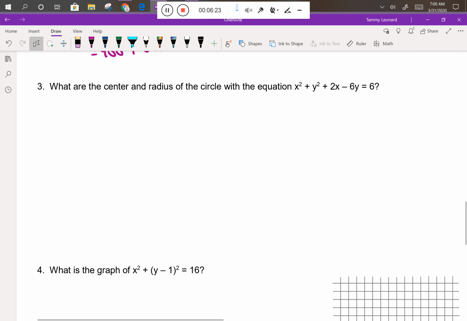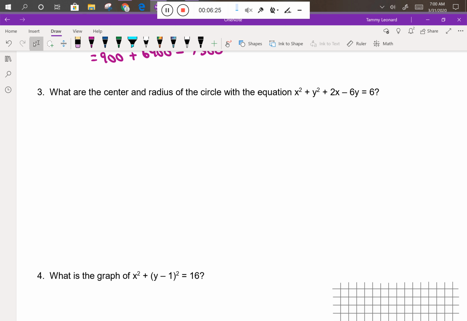Now, in number 3, we get our very first experience with double completing the square. I know you're so excited. So we need a little bit of reorganizing in order to make this manageable. The first bit of reorganizing that I would do is put all the x's together and put all the y's together.